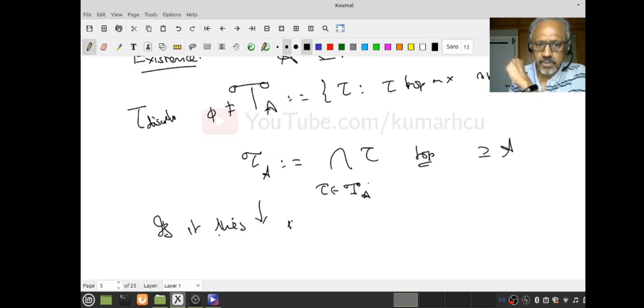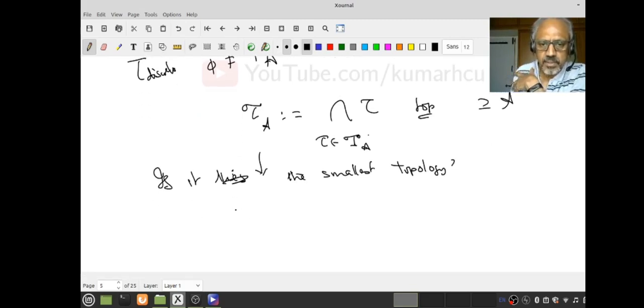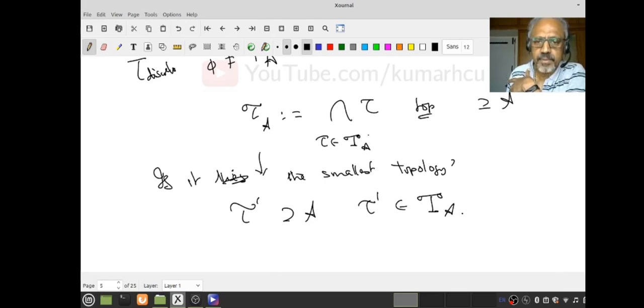Is it the smallest topology? Of course, yes. Suppose tau prime is a topology which contains script A. Then tau prime should be in tau of A, right?